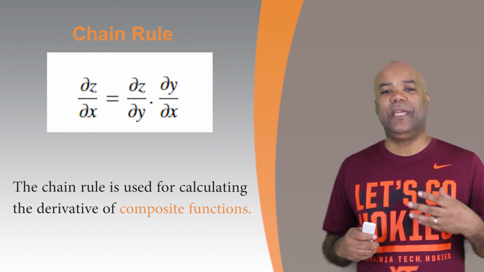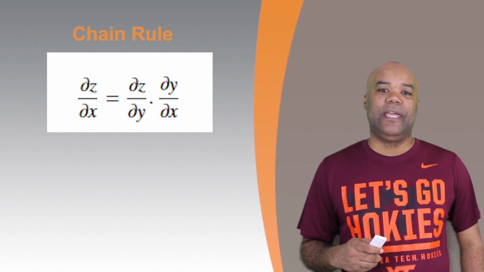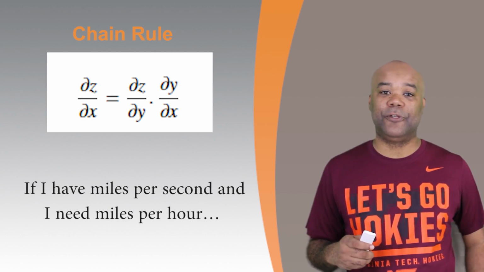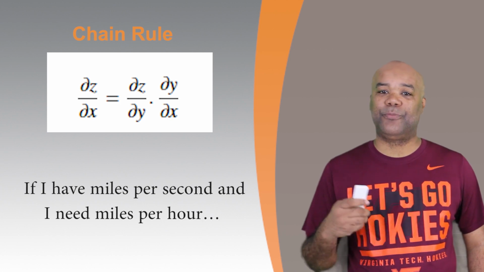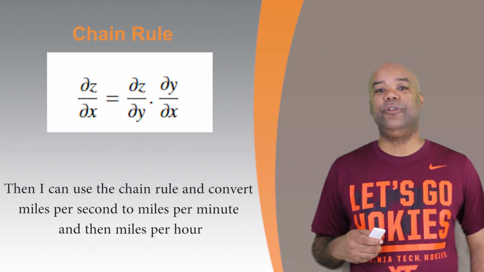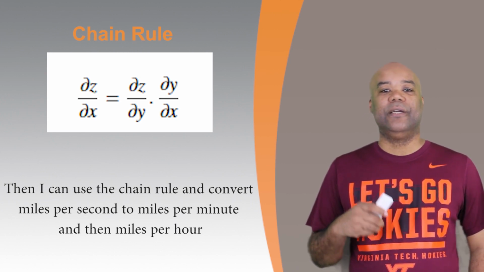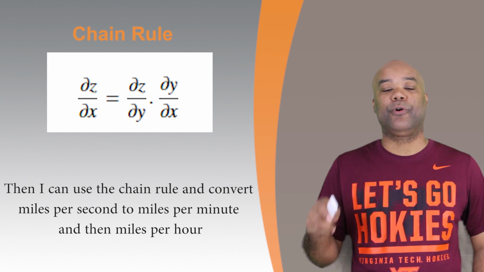Here's one of the intuitions that I use to help me understand the chain rule. If I have, let's say, a value that's in miles per second, and I need that in miles per hour, then I can use the chain rule and convert miles per second to miles per minute, and then miles per hour.